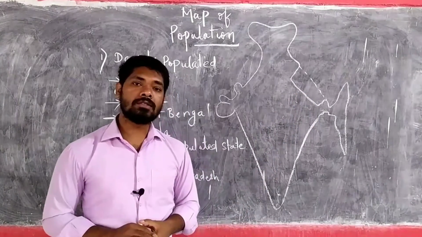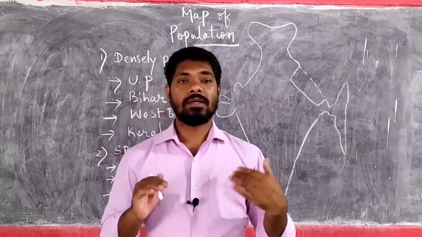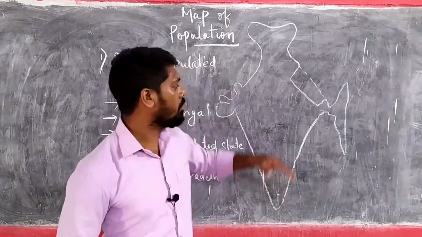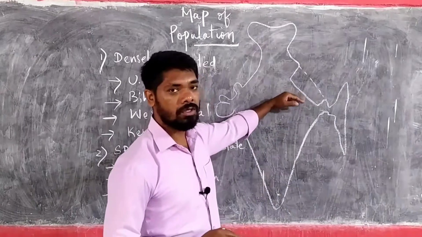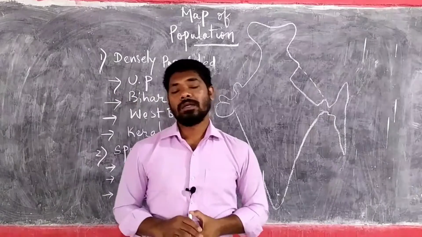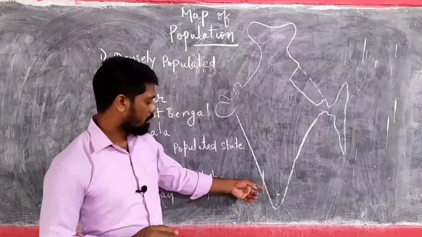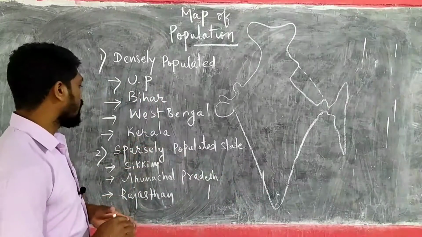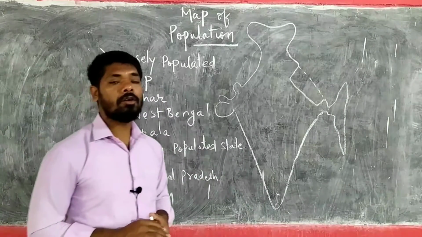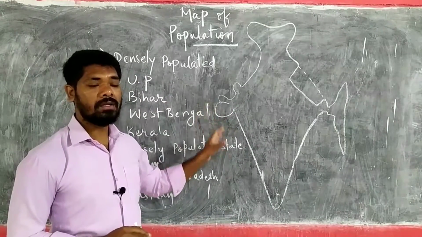And suppose you are asked to mark North India, one densely populated state, then you need to mark Uttar Pradesh or Bihar. Or if it is asked to mark a densely populated area in South India, then it is Kerala.